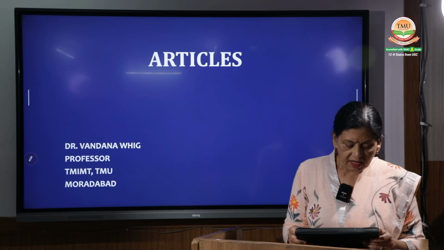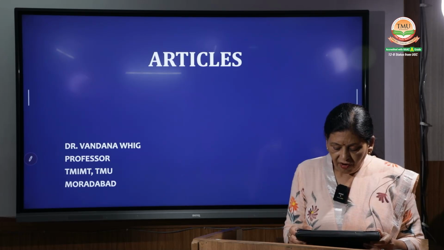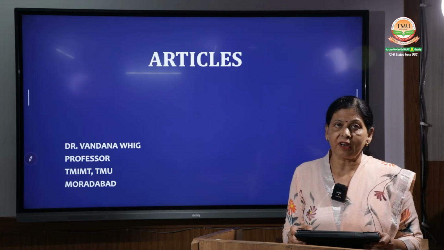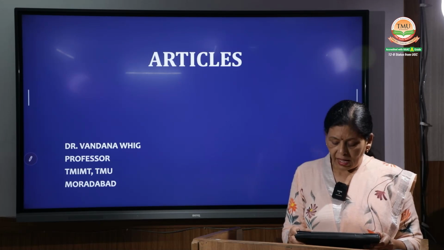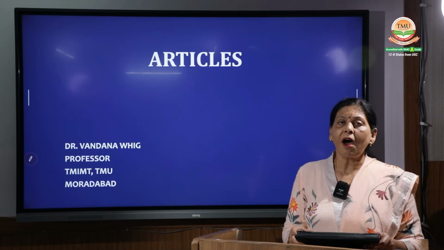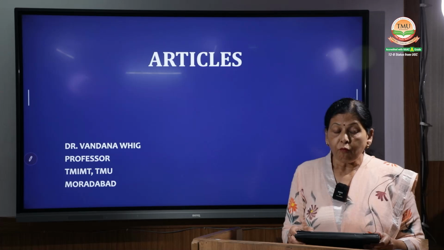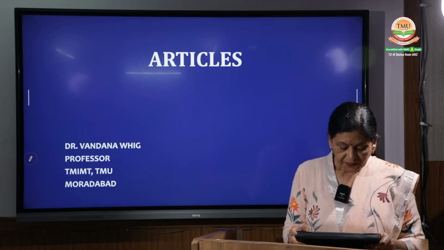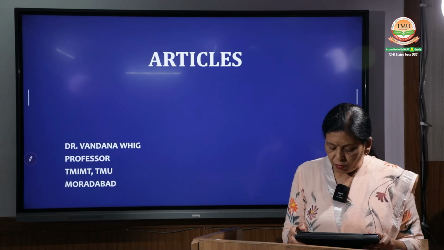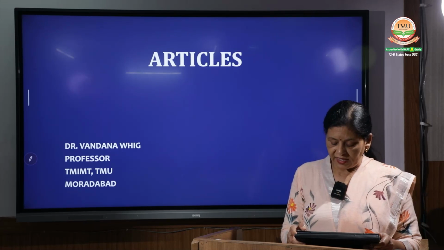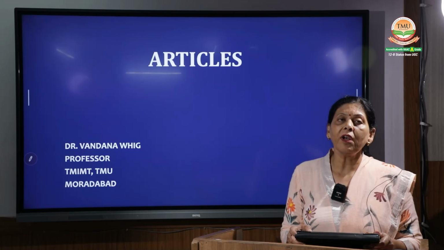Learners can write with more precision and accuracy. Knowledge of articles helps learners use a wider range of vocabulary effectively. And last, correct use of articles contributes to more fluent and natural spoken English.